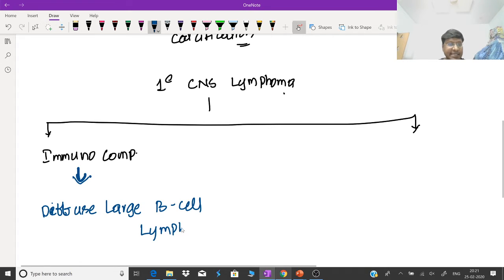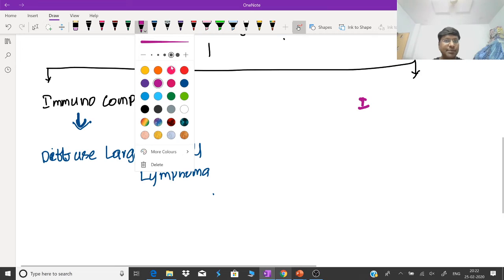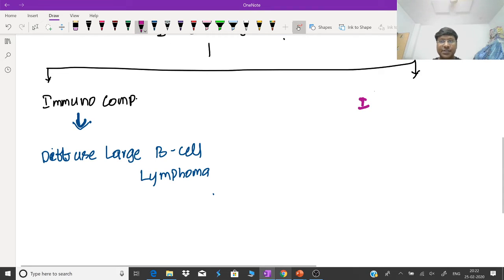Whereas if you take the primary CNS lymphoma presentation in case of immunocompromised, what is this immunocompromised? That is, in patients with HIV, or in patients who are on chemotherapy. In these individuals, the primary CNS lymphoma will present as the immunoblastic lymphoma.